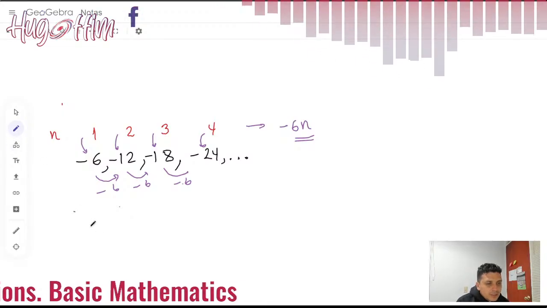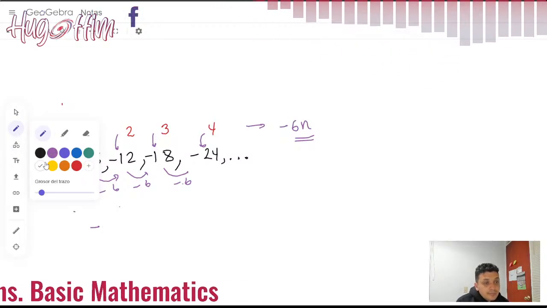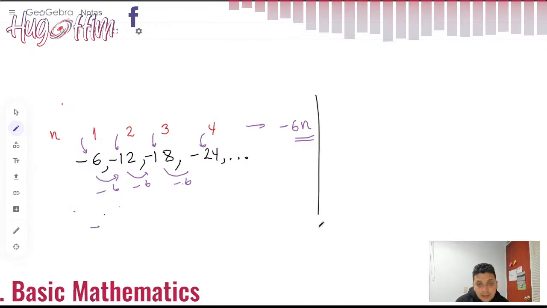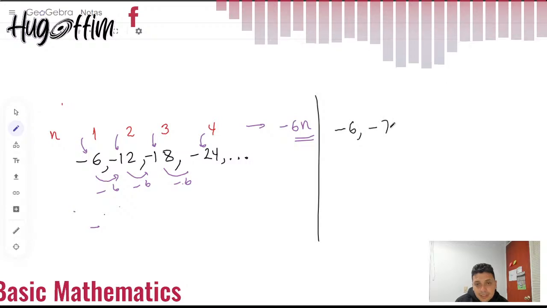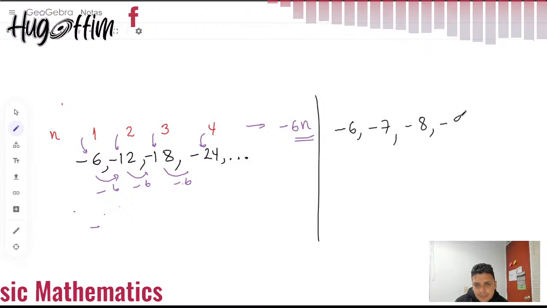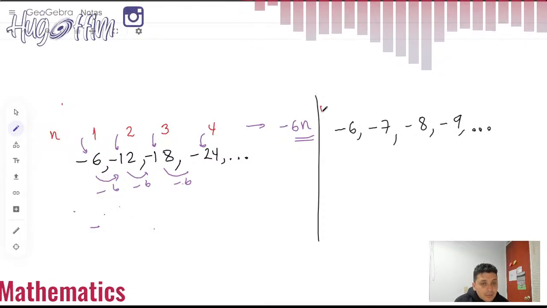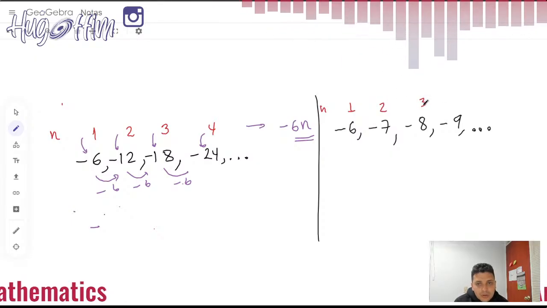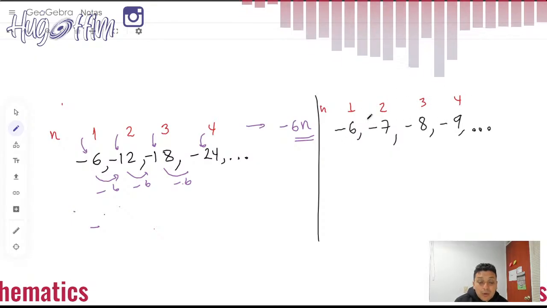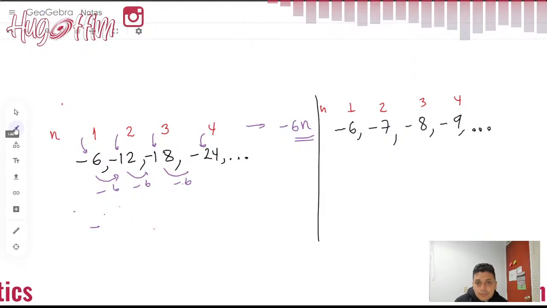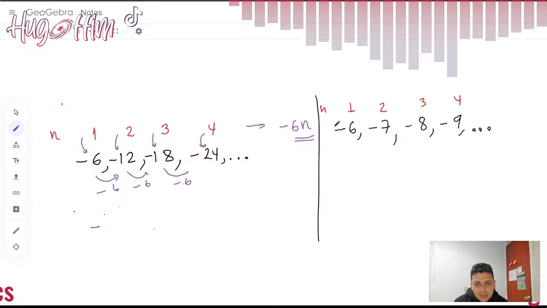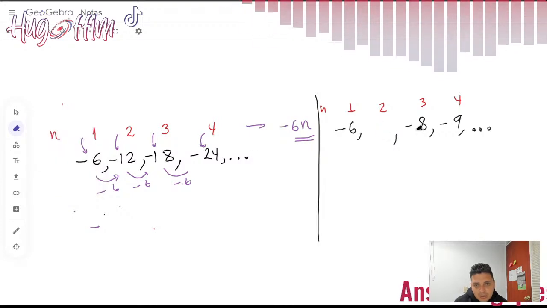Or let's say that the sequence is negative 6, negative 7, negative 8, negative 9. I'm going to list the sequence n, 1, 2, 3, 4, and I want to identify what happened to 1 to get negative 6, to 2 to get negative 7, and so on. Okay, this is not the sequence I'm talking about, although it could be done.